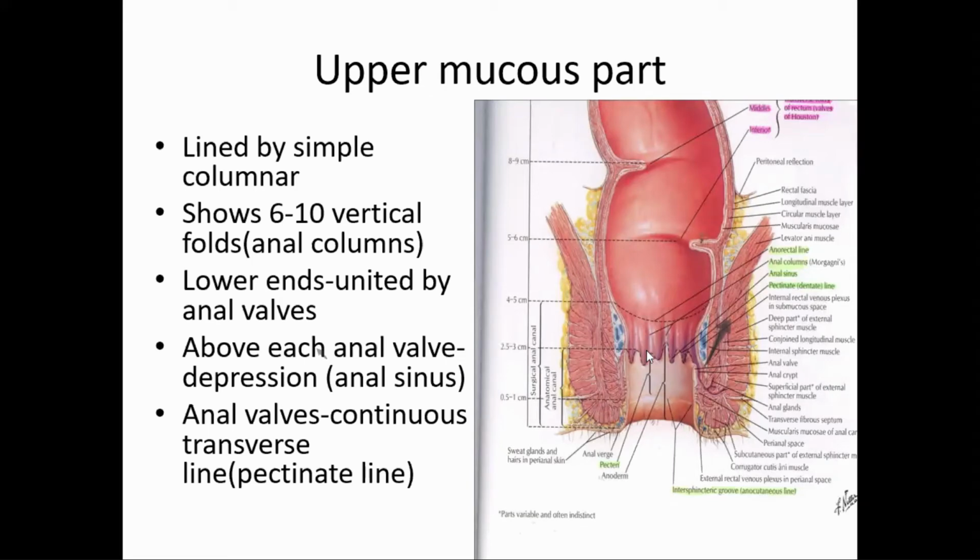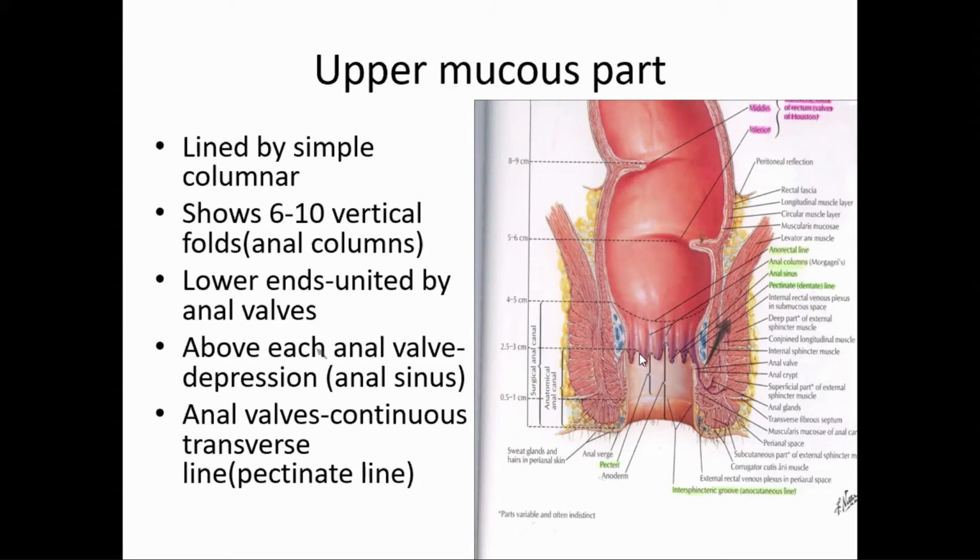So what is the anal column? These are the longitudinal mucosal folds formed by reduplications of the mucous membrane, and around 6 to 10 vertical folds are present. These vertical folds are called the anal columns of Morgagni.